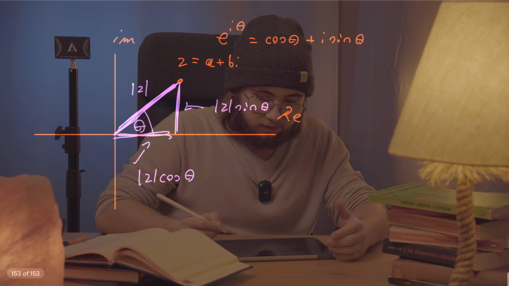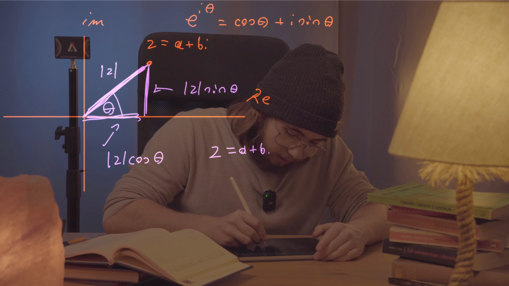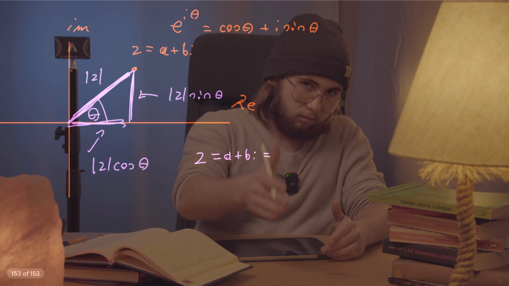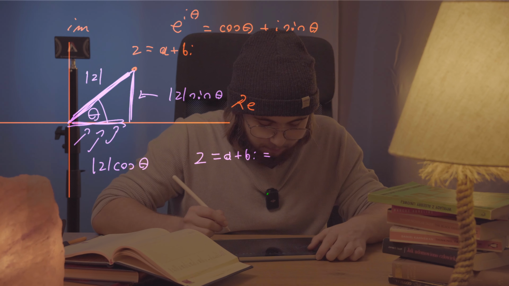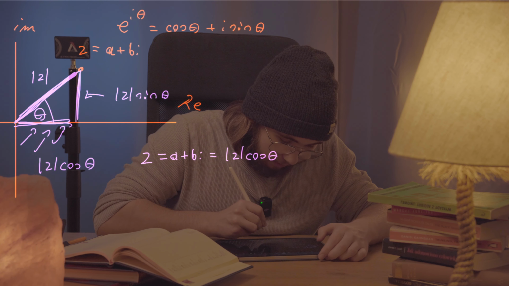Well, that's awesome, because this means that I can rewrite my z being equal to a plus bi as, well, a is how much I have to walk on the real axis, so there's gonna be this distance right over here. So it's gonna be the absolute value of z cosine of theta.